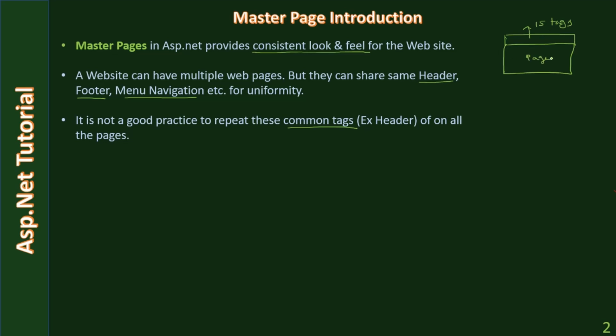If your site contains 150 pages, you need not repeat these 15 tags in all the pages. When you are using the master page, you need not repeat all these tags. Otherwise, you have to repeat these 15 tags in each page, right? So that's the use of master page. It's not good practice to repeat these common tags on all the pages.